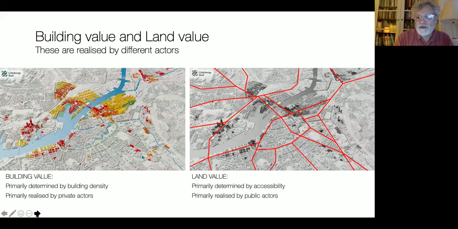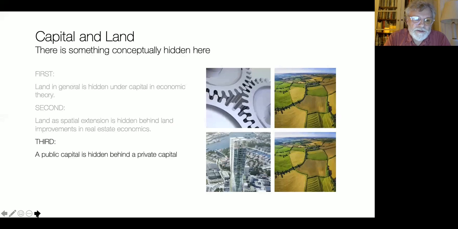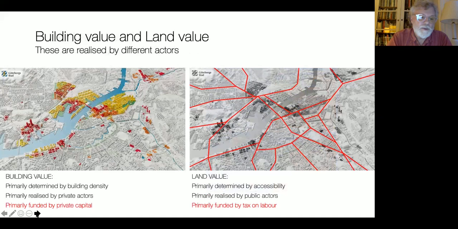So there is also another thing that is not always clear when we talk about land. A third conclusion is that public capital often is hidden behind private capital when we talk about development. And if we push this a little bit further, we realize also that the building value or land improvements often are funded by private capital, but the land value often is funded by tax on labor.